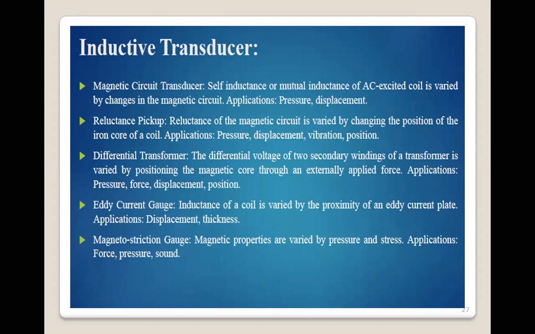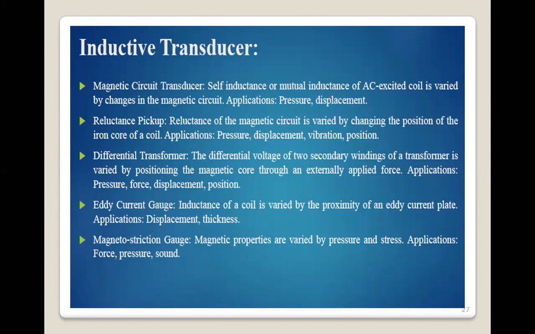In the reluctance pickup type, the reluctance of the magnetic circuit is varied by changing the position of the iron core of the coil, for example, in its application in the measurement of pressure, displacement, variation, and position.